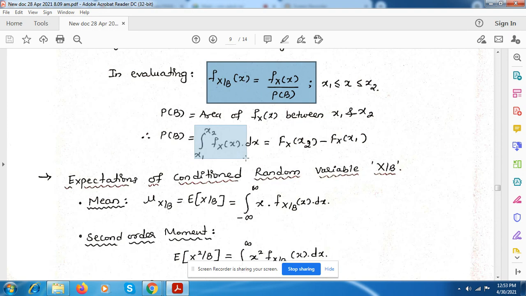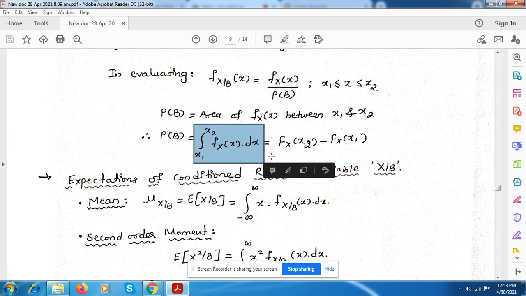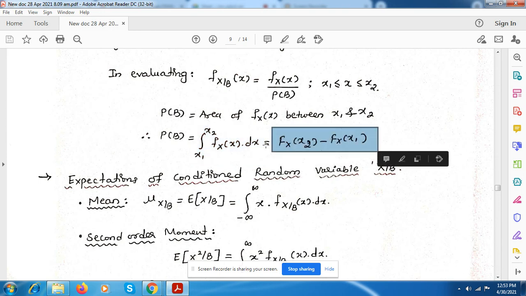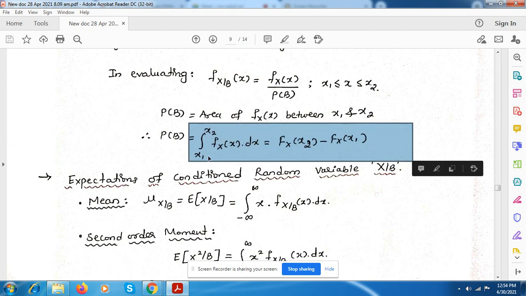Here this is the equation for probability of B, and by seeing this you can write it in terms of CDF, that is F_X(x2) minus F_X(x1). These equations we have already proved in the previous classes. So here it is the integration from x1 to x2 of f_X(x) dx. This is the probability of B value. You have to note down this also.